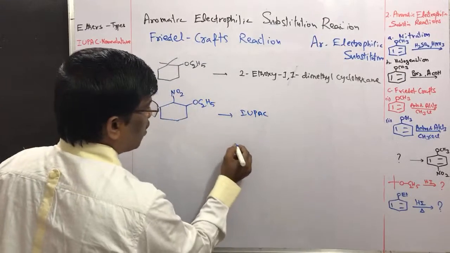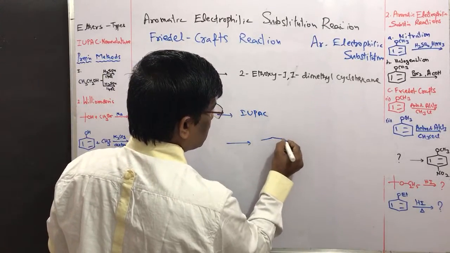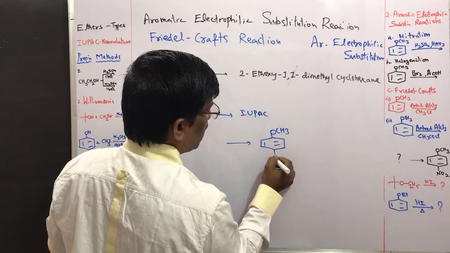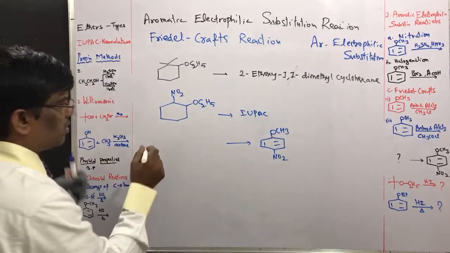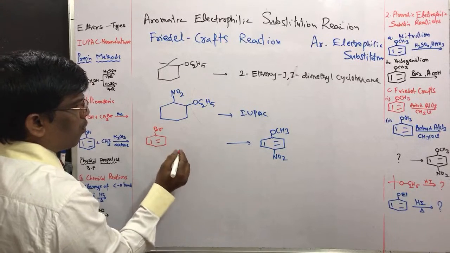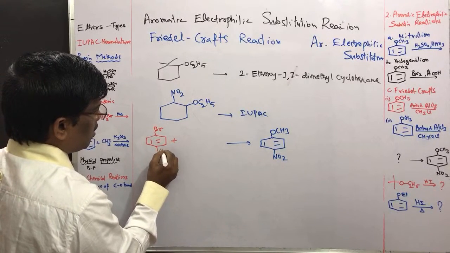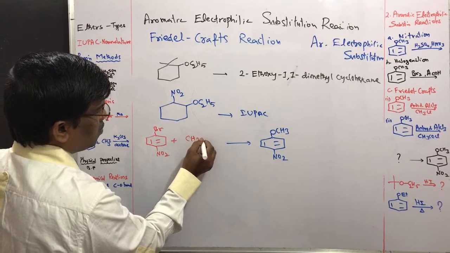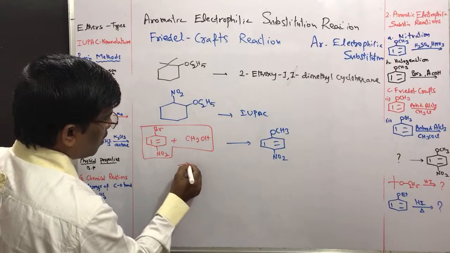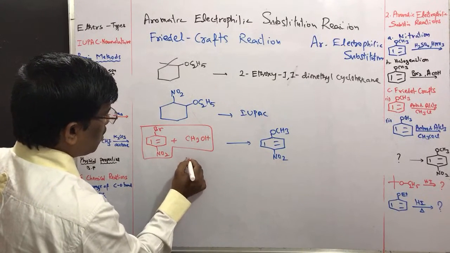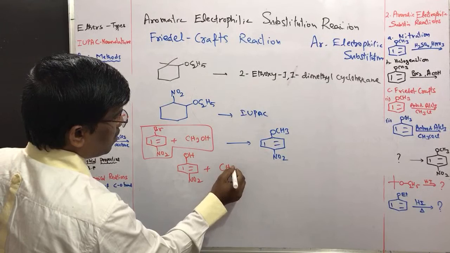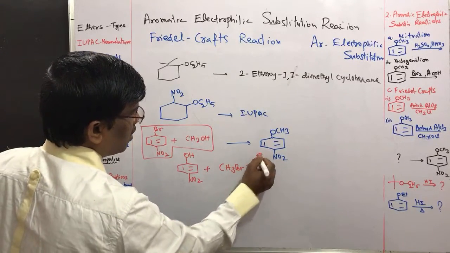For example, if I want to make this methoxy nitro compound, shall I use bromine plus methanol, or phenol, paranitrophenol plus methyl bromide? So which one?